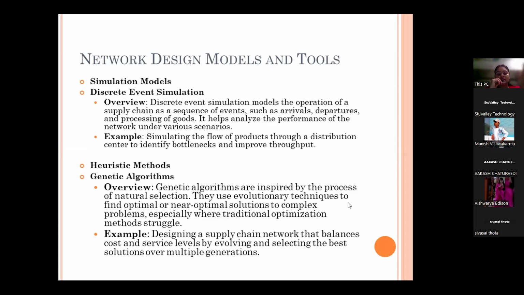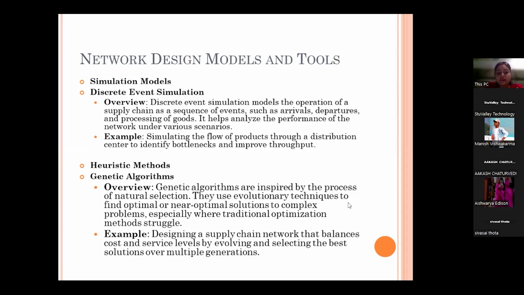These genetic algorithms are inspired by the process of natural selection. Like Darwin's theory says, the next instance will be better than the first one. This is natural selection, which is done by nature.